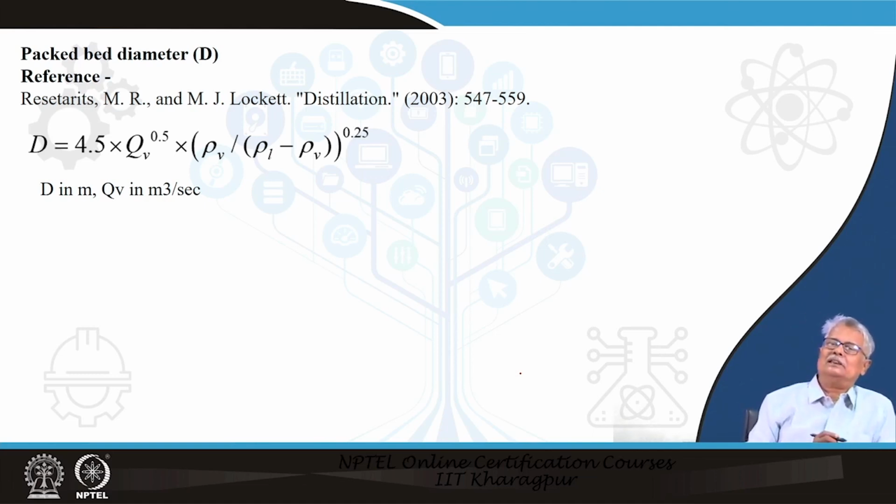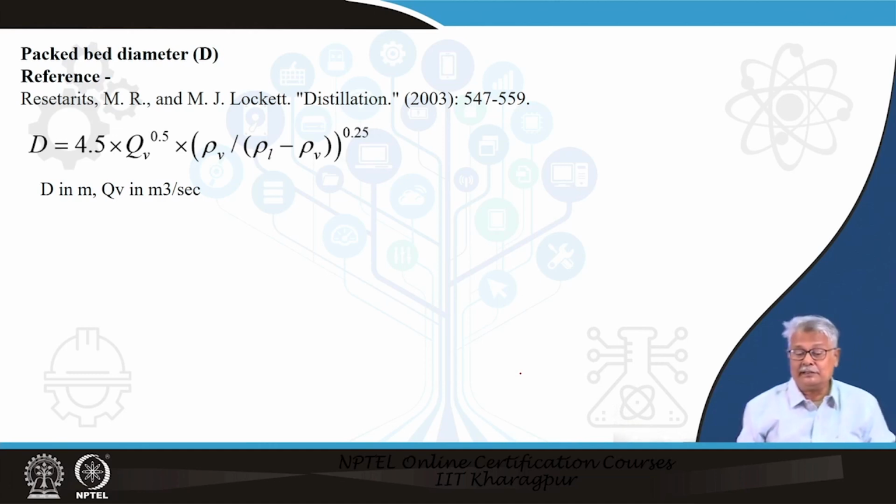Normally, tray vendors and packing vendors will tell you how to estimate this HETP and what exactly is the correlation to be used. It is obvious that HETP has to be a function of the mass transfer coefficient, the packing size, the flow rates, and basically the mass transfer itself.